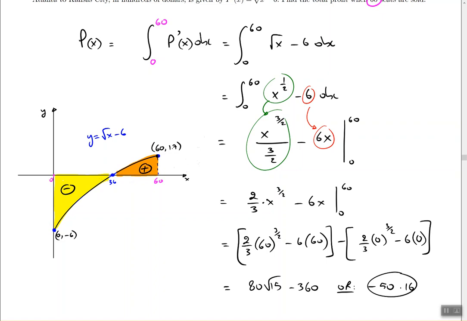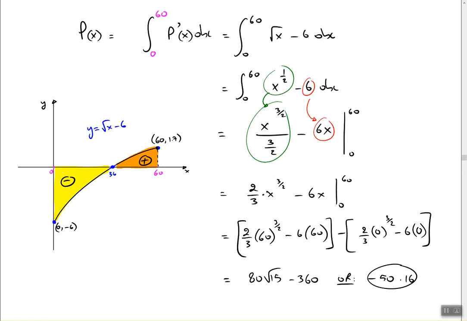And as you can see, because the yellow area is bigger than the orange area, the answer is going to be at the end negative. And that's what we found when we actually did the problem. We discovered that the solution was a negative 50. So, again, losses. But if I extend the line a little bit more, then I'm going to be able to gather more orange space and I'm going to start making some profits. But if you stop at 60, then you're going to lose money.